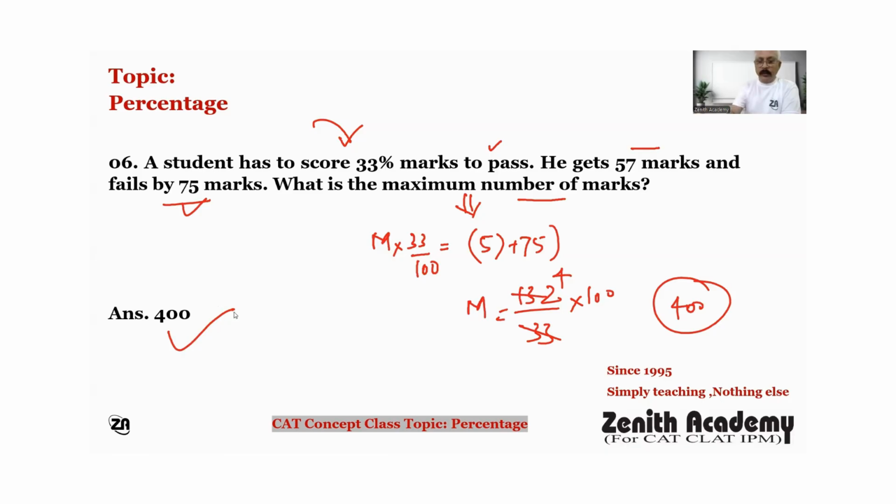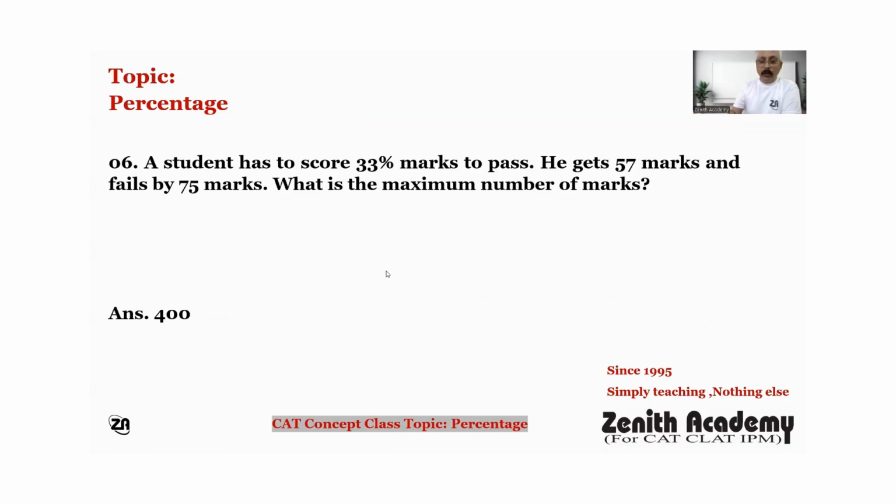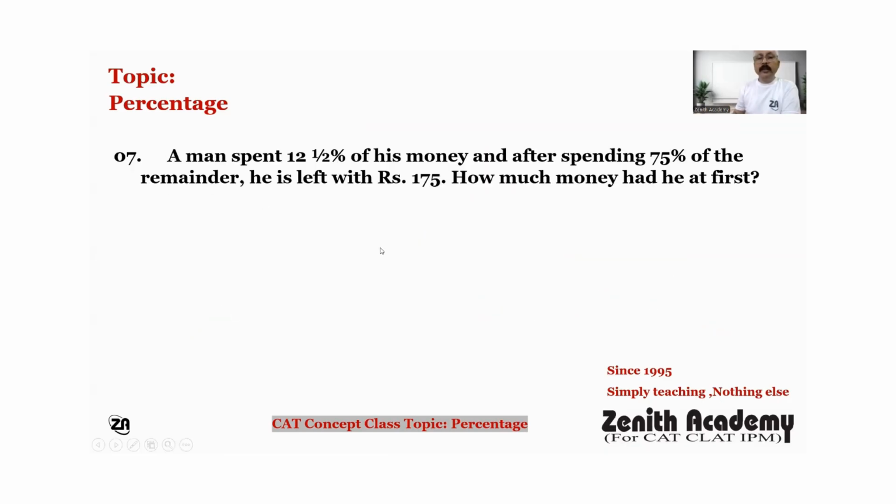Let us take the next question. A man spent 12.5% of his money, and after spending 75% of the remainder, he is left with rupees 175. How much money had he at first? Suppose he had X rupees at first, then he spent 12.5% of his money.